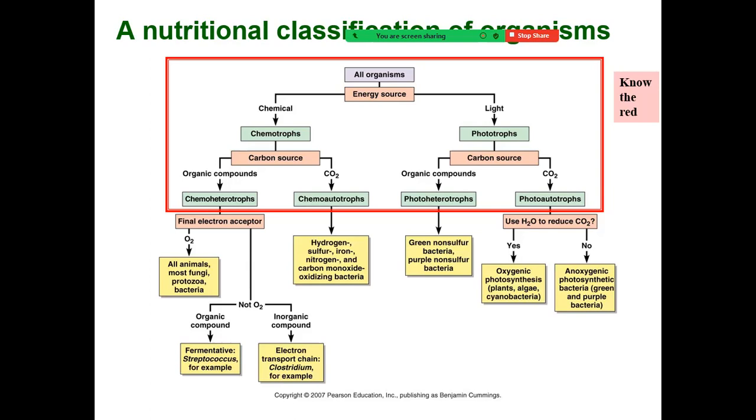And you can split the anaerobes into whether they have an organic compound or an inorganic compound. An organic compound means the electron flows, like in fermentation, to an organic compound. And in anaerobic respiration, the electron flows to an inorganic compound, but it's not oxygen. Anyways, you don't need to know anything below the red box. Any question about any of that?